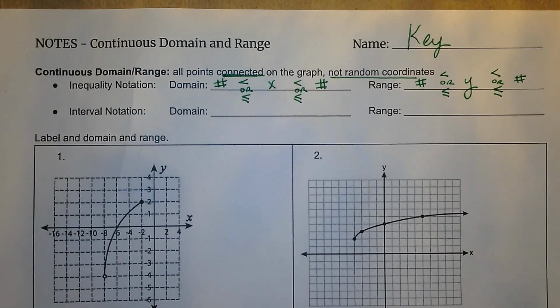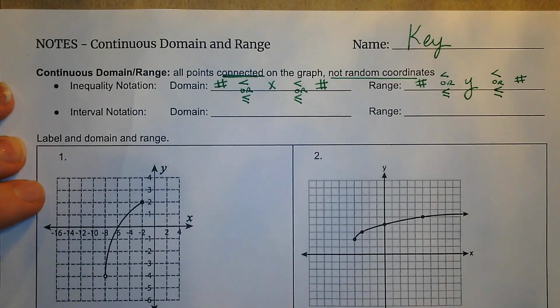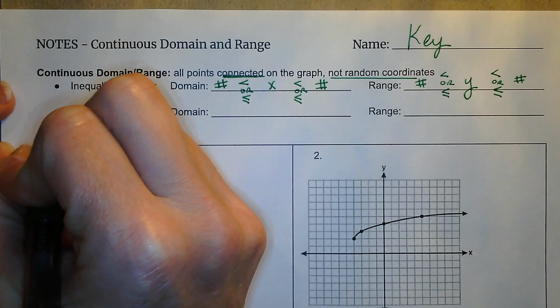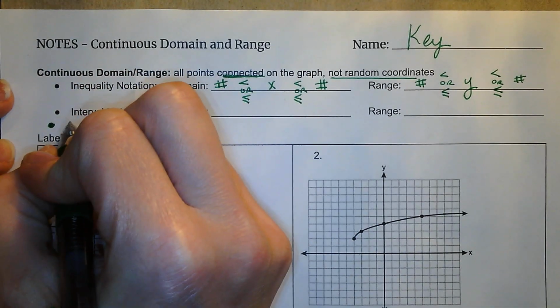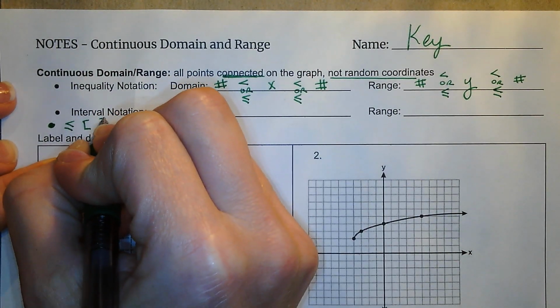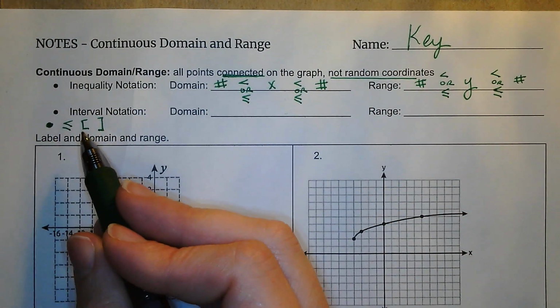Okay, for domain and range, interval notation is when we have brackets or parentheses. Okay, so a filled in circle, remember that that is our less than or equal to. With our brackets, that is the symbol that we use to represent the equal to symbol.